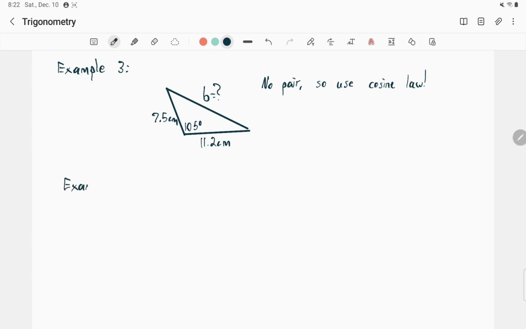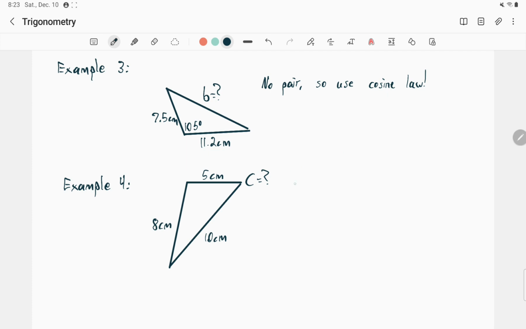Last example. Another situation where you could use cosine law. Let's just pretend you're given nothing but side lengths, which can happen sometimes, and you need to find some angles. Well, let's say we got 5 centimeters, 10 centimeters, and 8 centimeters. Let's say we needed to find C up here.